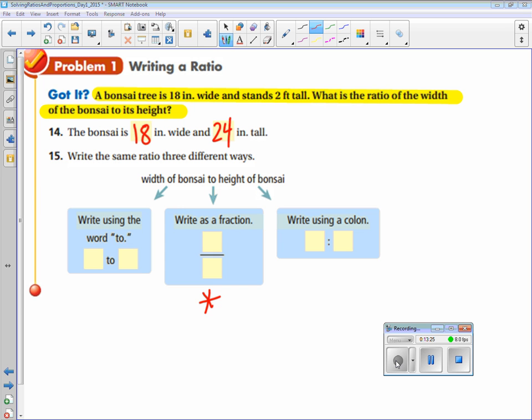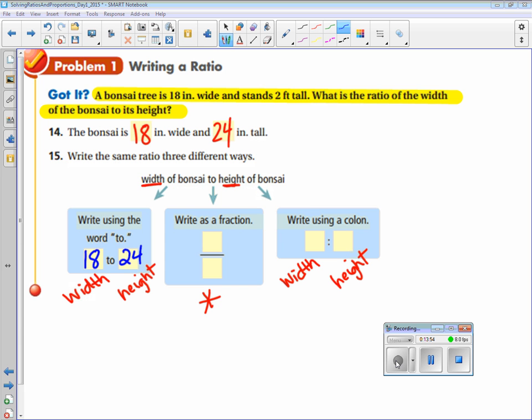Okay, so the width of the bonsai to the height of the bonsai. Okay, so if we're going to do width to height, I tend to write the unit, or not the units, but what I'm actually measuring under it. Okay? So it's just going to simply be 18 to 24.